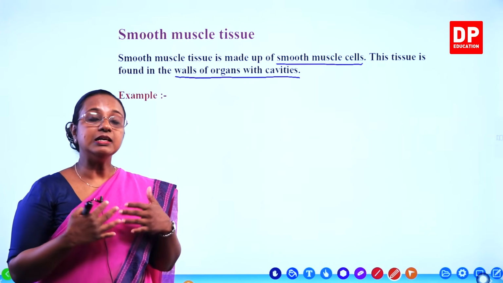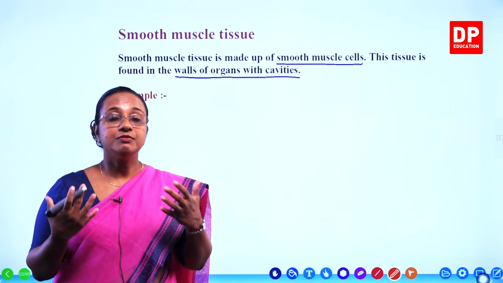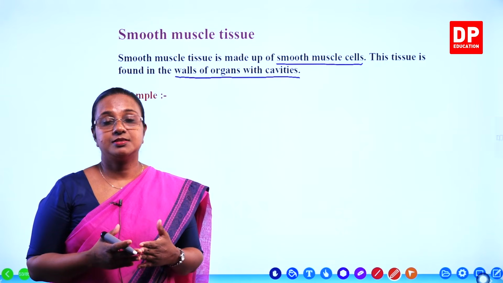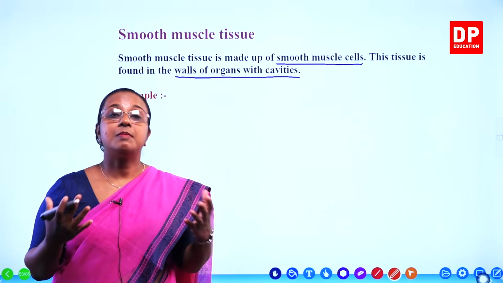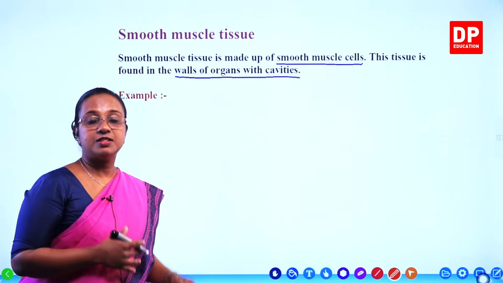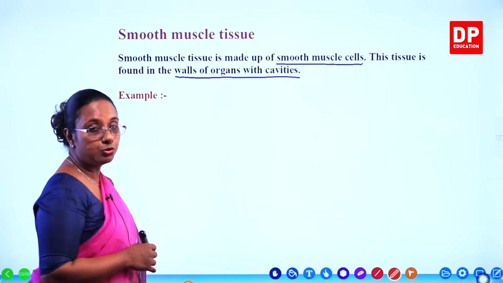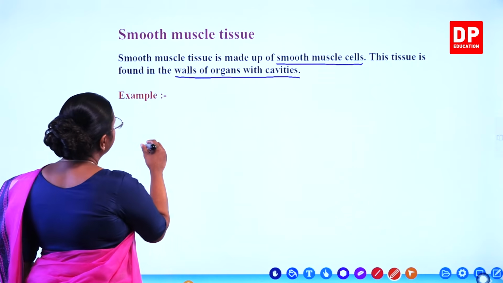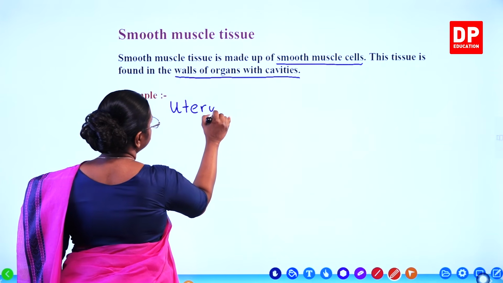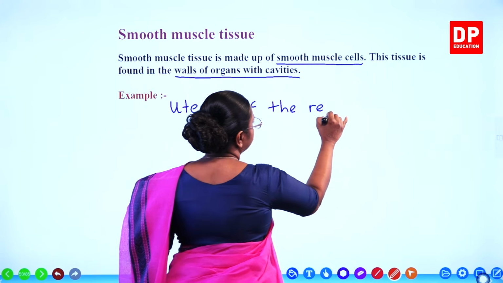If you take the reproductive system of females, the part where the fetus develops is the uterus. This is a muscular structure where there is a cavity for the development of the fetus. And this is made up of smooth muscle tissue. So an example is the uterus of the reproductive system.